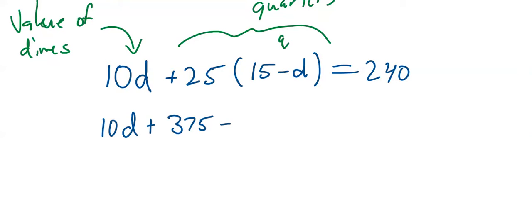So distributive property, you got to multiply 25 by 15 and 25 by D. I'm going to move the 375 over.